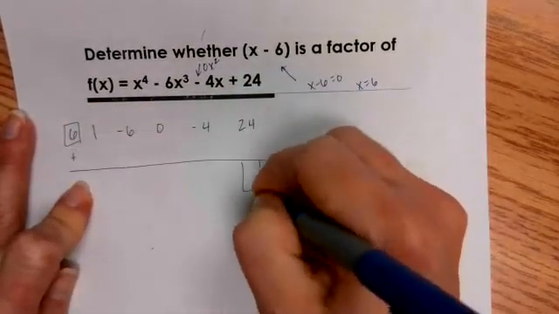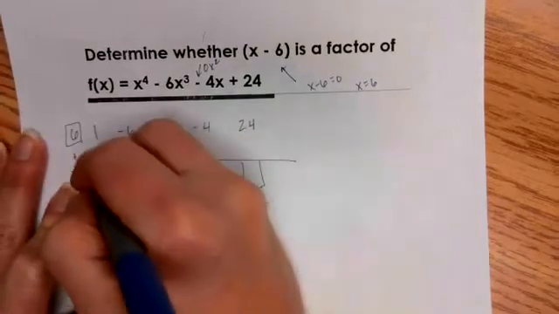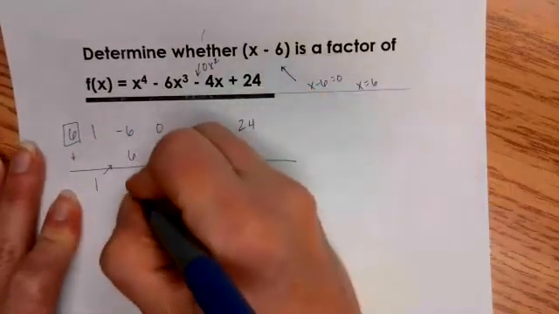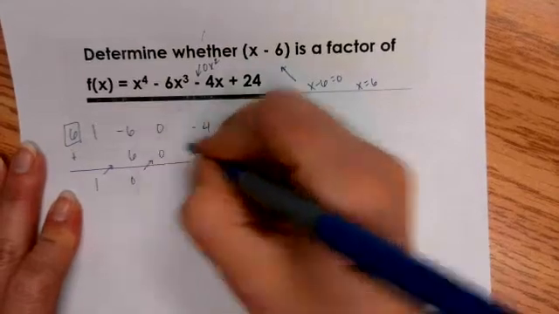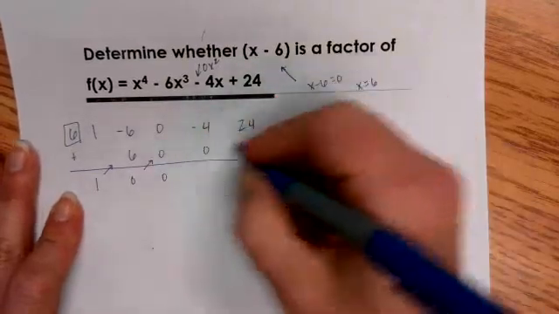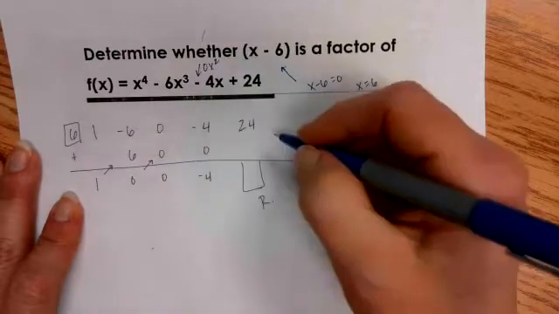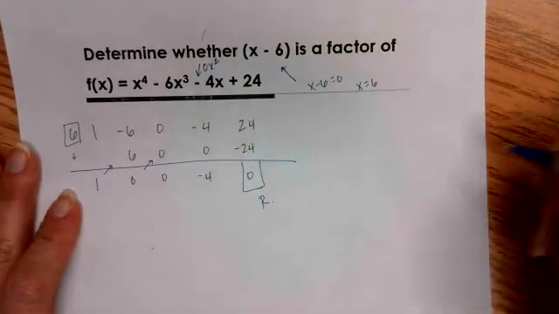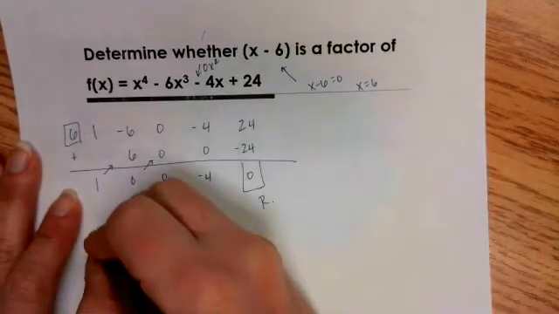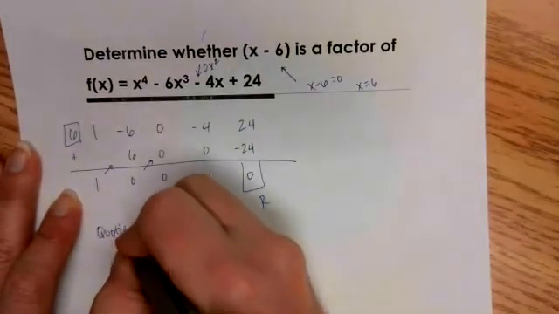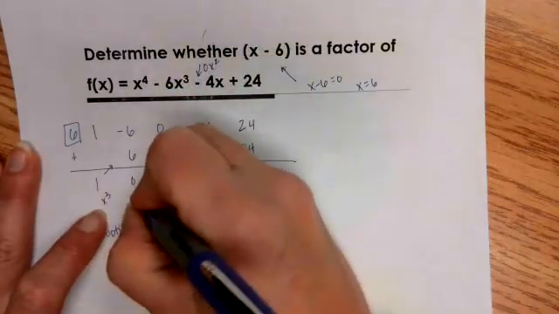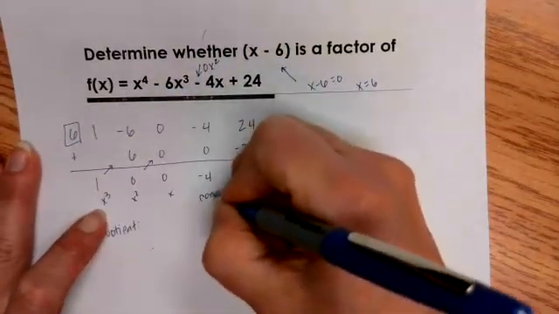All right, here's going to be my remainder. Bring down my 1, times 6. 0 times 6 is 0, 0, 0. So -4 times 6 will be a -24. Whoa, look at there. So my quotient is always one less. So this is x cubed, this is x squared, this is x, this is my constant.